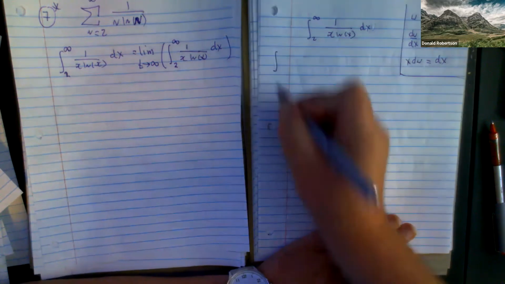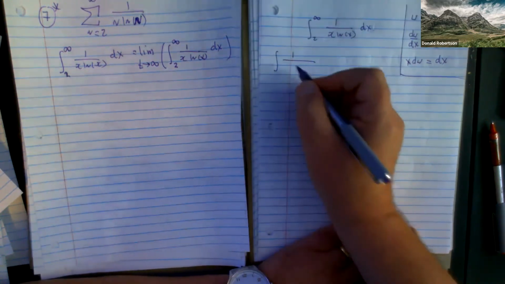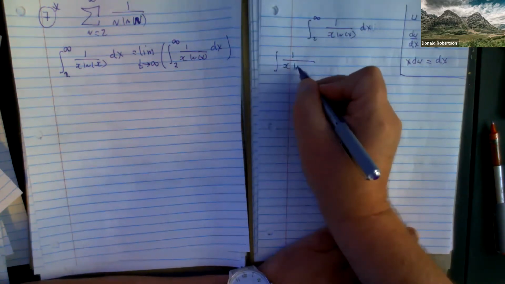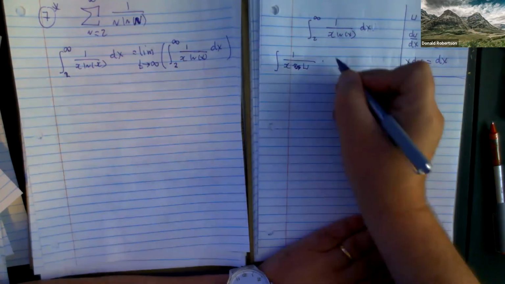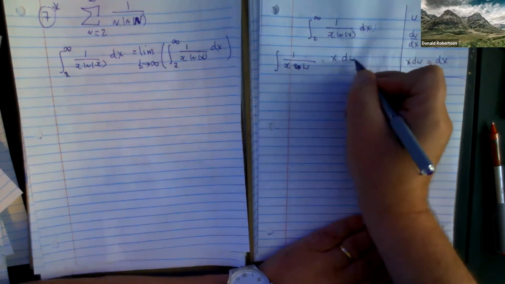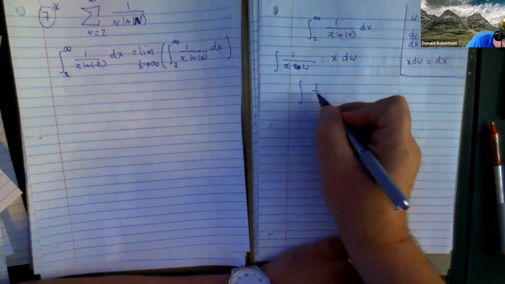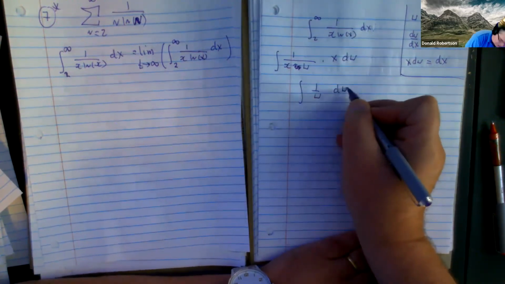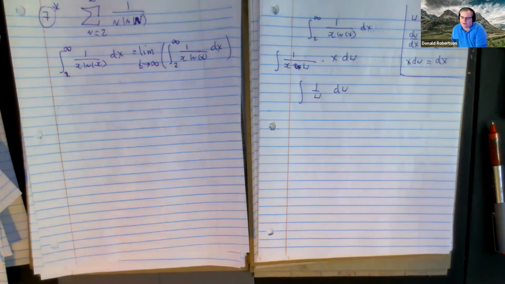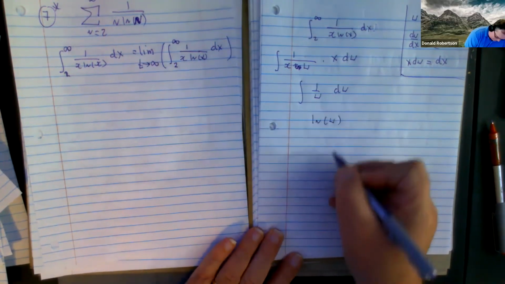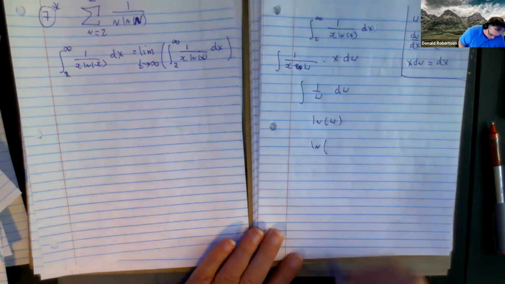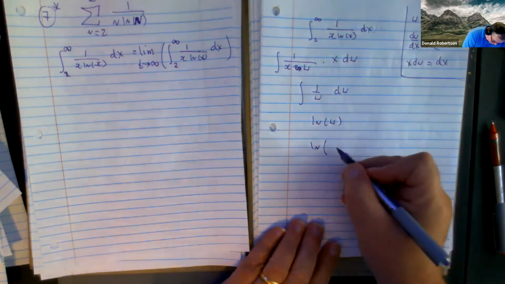So it's going to be an integral of 1 over x ln x times x du. Oh, come on, that is too nice to be true, isn't it? Just 1 over u. And you integrate it, and you return it. Oh, would you look at that for an evil looking function?